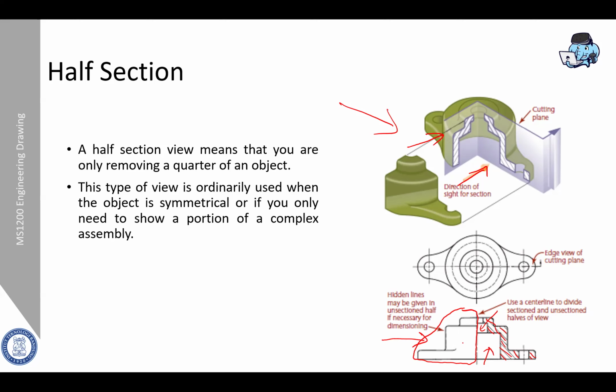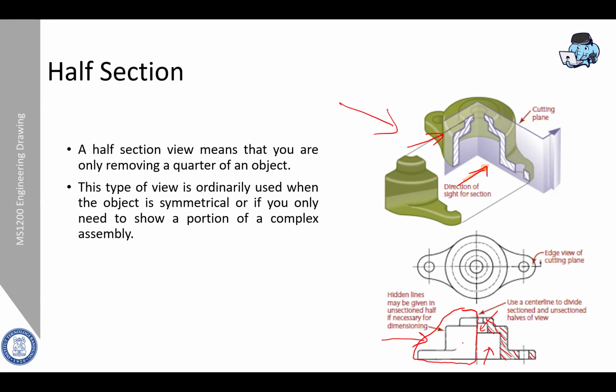Okay, because usually in section view, we do not draw the hidden lines. So this type of view is ordinarily used when the object is symmetrical, or if you only need to show a portion of a complex assembly. Usually it is done for a symmetrical object, like this one.